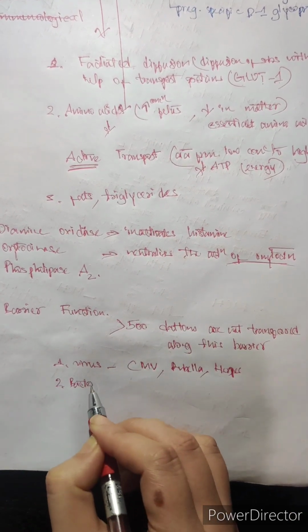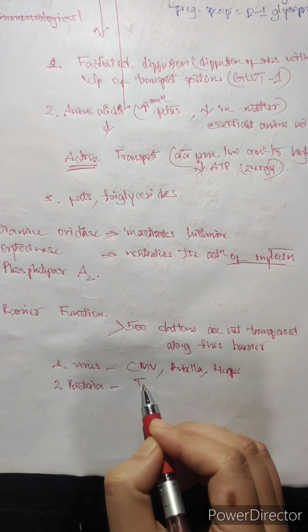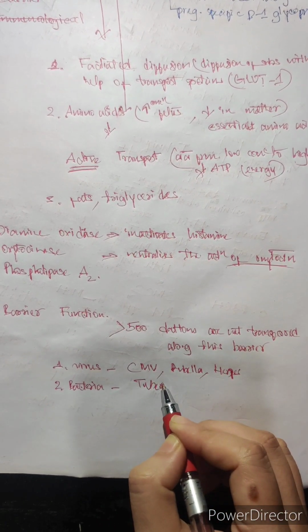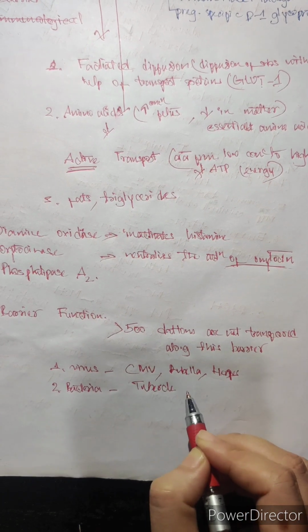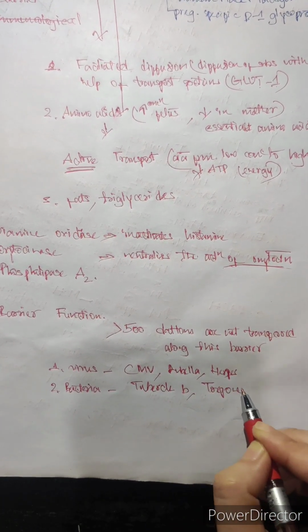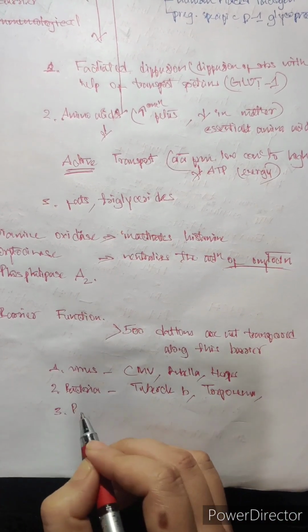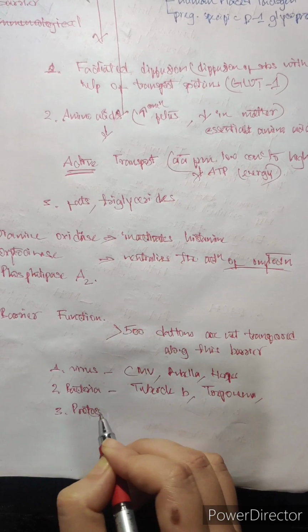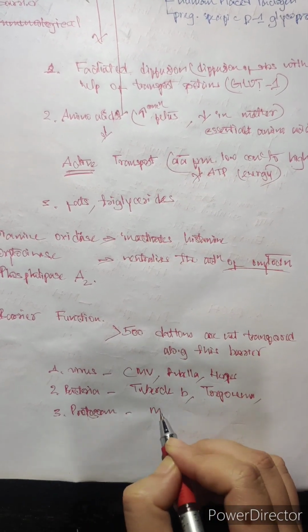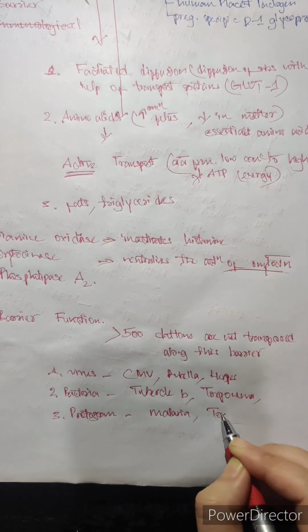When it comes to bacterial infections, it could be tubercle bacilli and treponema, okay, and protozoa such as malaria and toxoplasmosis.